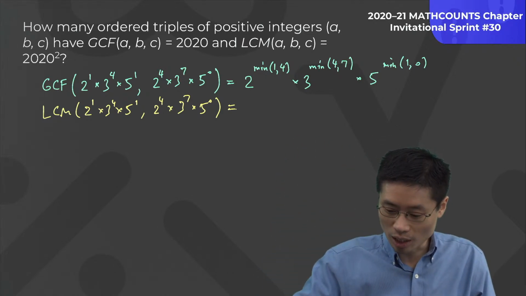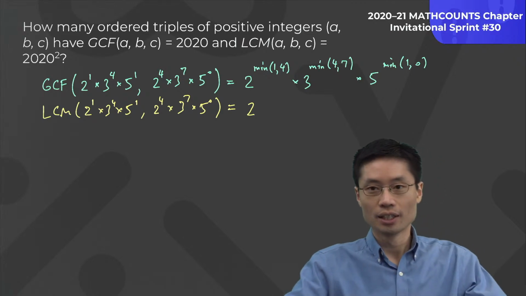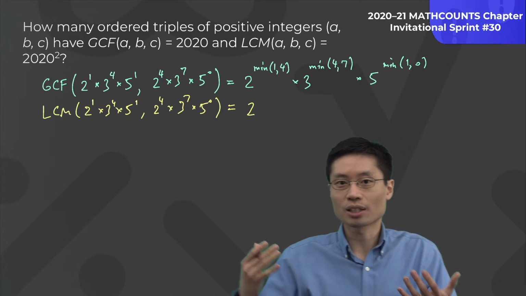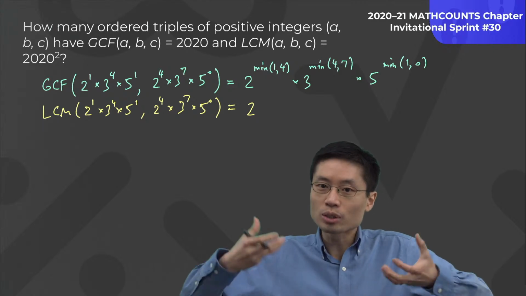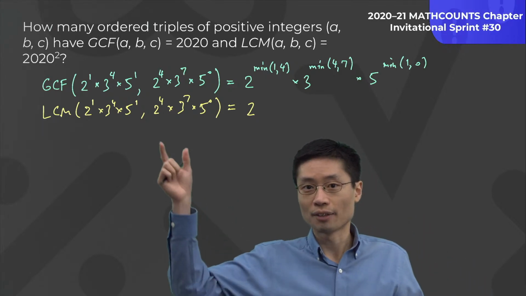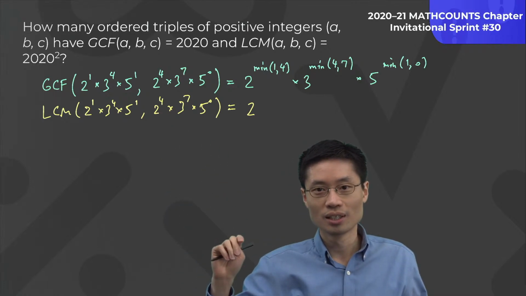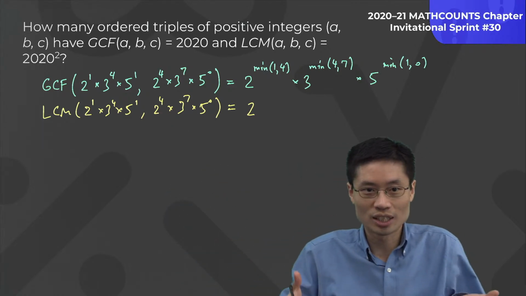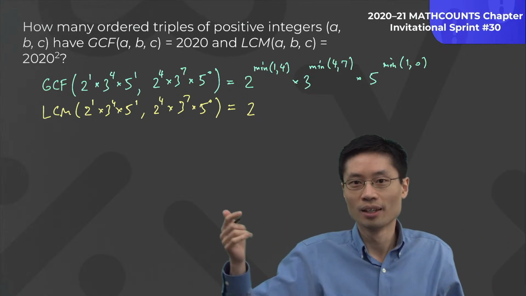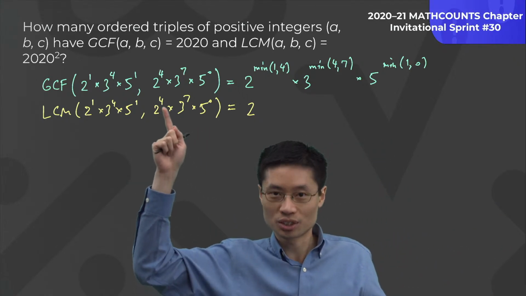If I want the least common multiple, I want a common multiple, so they both have to be able to multiply up to it. If I'm going to multiply up from anything which already has 4 2's, I'm going to have at least 4 2's, maybe more. But the least common multiple is just 4 2's.